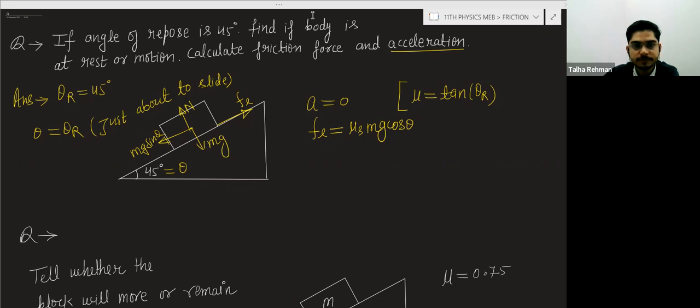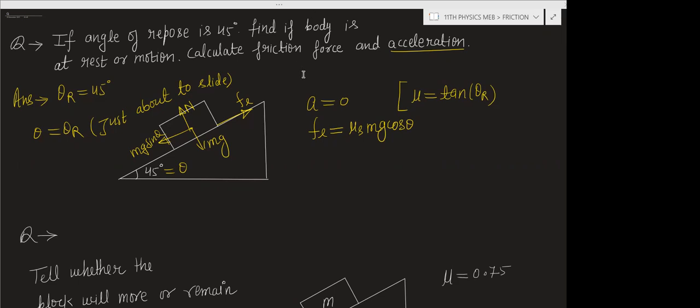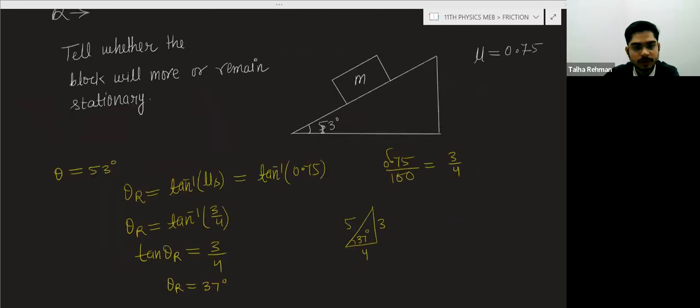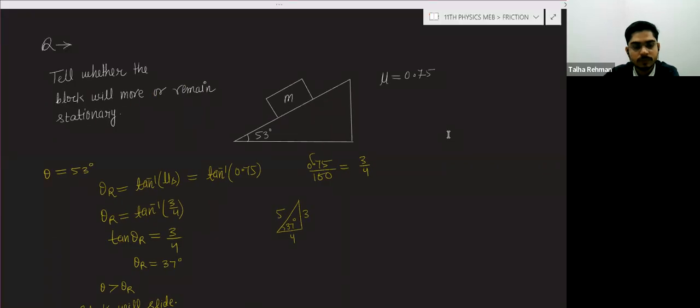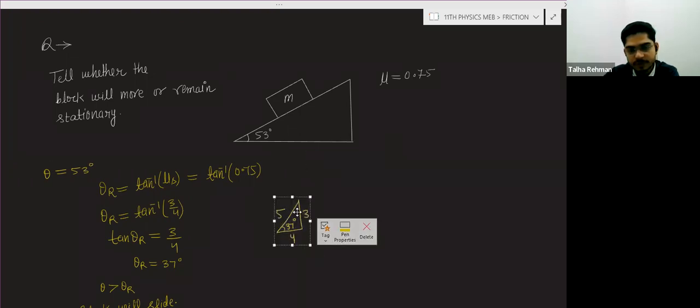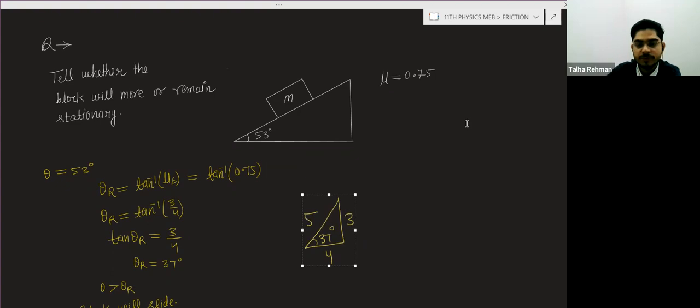Now write down this. So remember this triangle. There is one more triangle, a right angled triangle, 4, 3, 5. So in that case, this angle becomes 53 degrees.